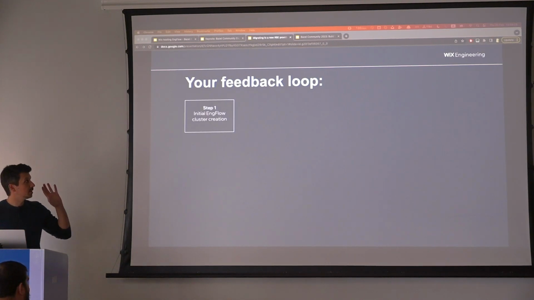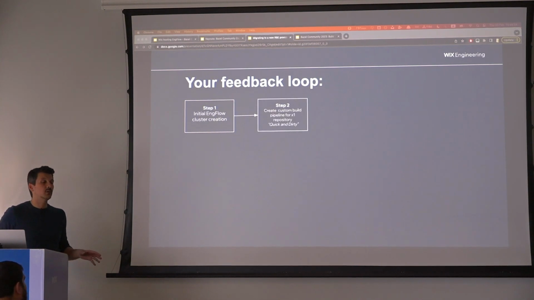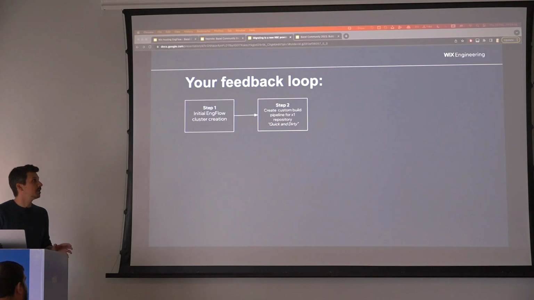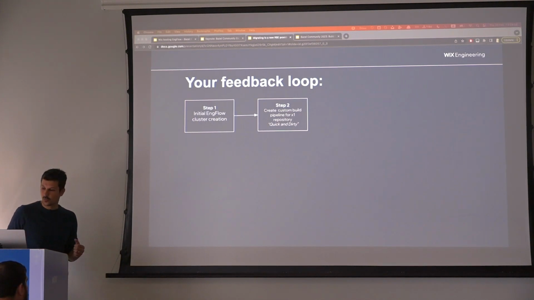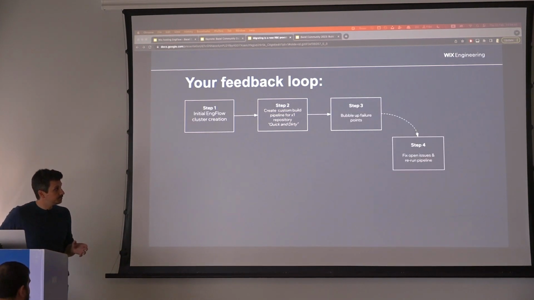So you start with the cluster creation. You continue to create your hacky way. You need to create a custom build pipeline on the easiest repository that you could work with. Then you start to bubble up failure points.